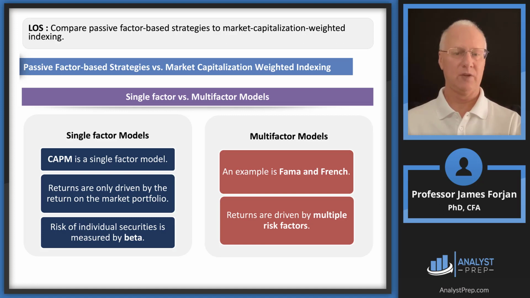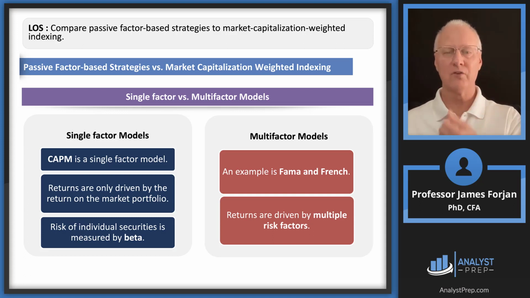Remember now, in 1964, William Sharpe, among others, showed us the capital asset pricing model, which is a single factor model, which tells us that the returns on any individual stock are a function of what goes on in the market portfolio.